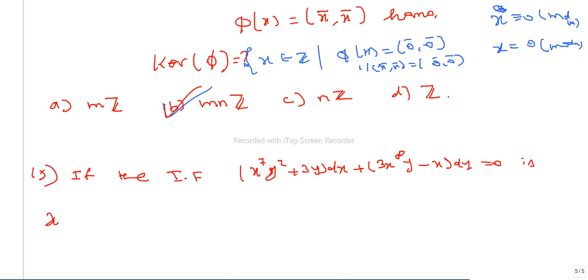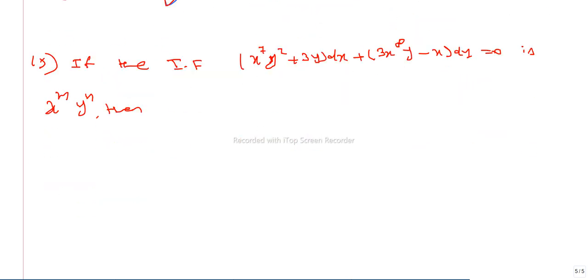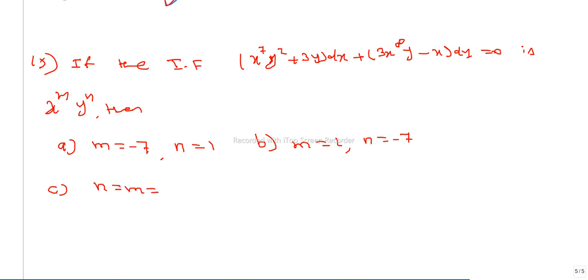It is given that the integrating factor is x power m y power n. Then what is the value of m and n? That is the question. For the first option, m is minus 7 and n is 1. The second option, m is 1, n is minus 7. The third option is both n and m are 0. The last option, both m and n should be 1.